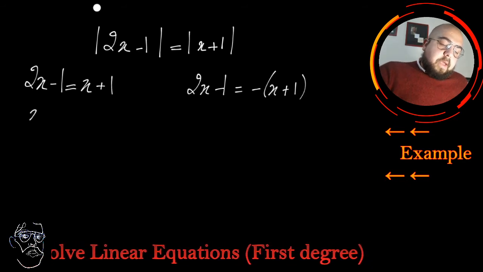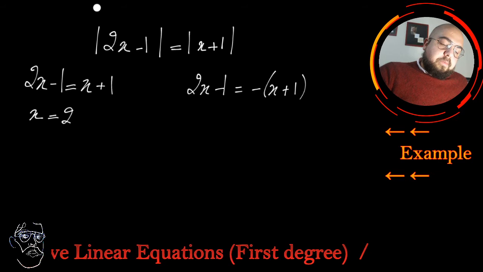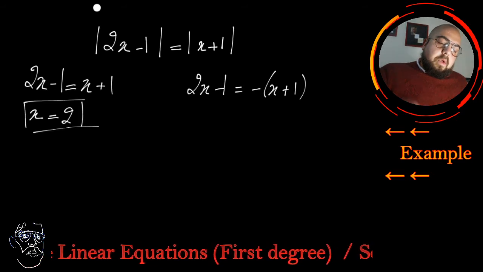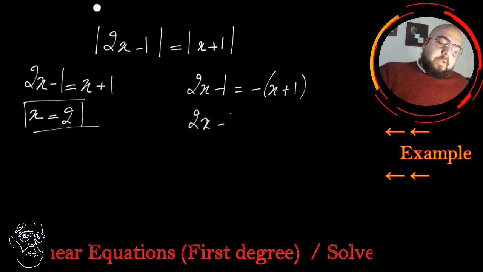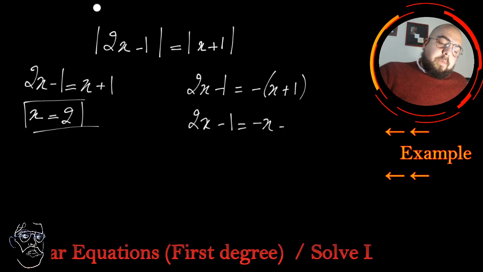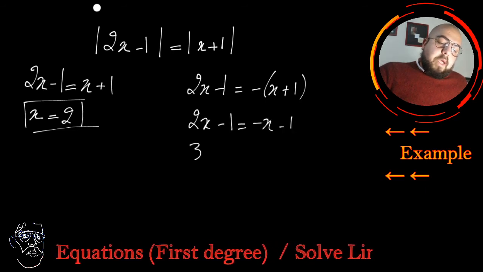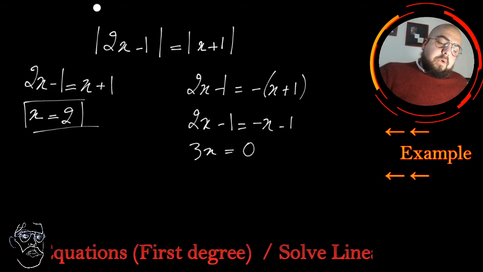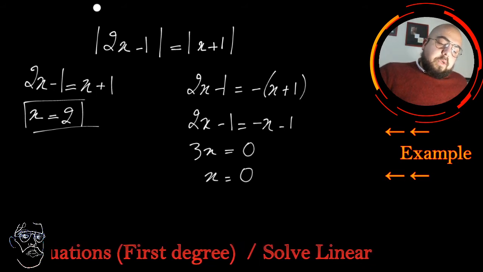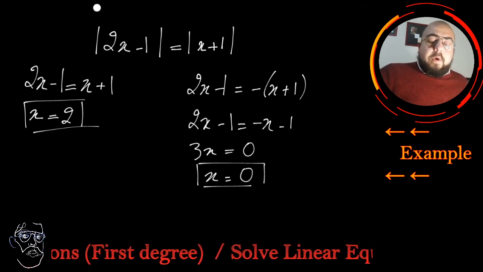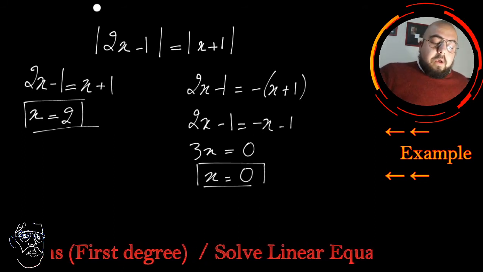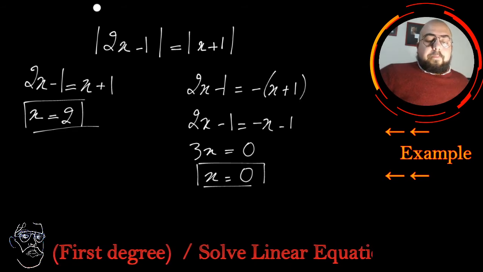So you will have x = 2, and in this case you will have 2x − 1 = −x − 1. So 3x = 0, x = 0. And of course you can verify these roots or solutions.